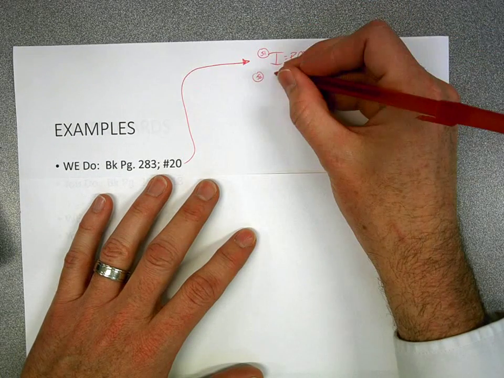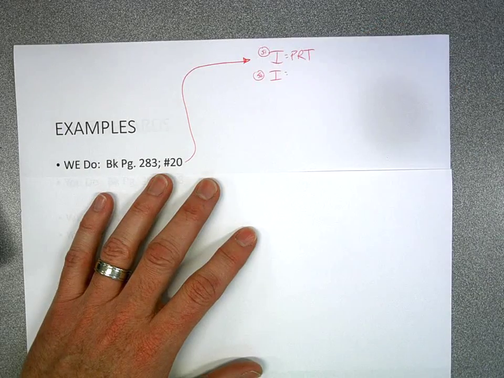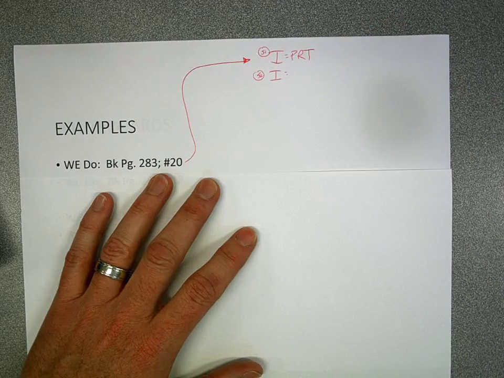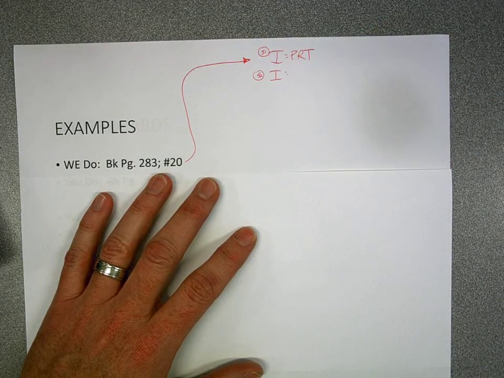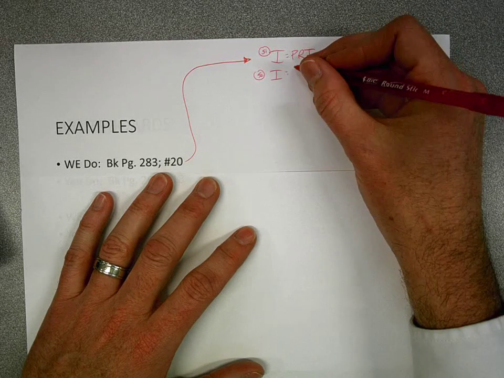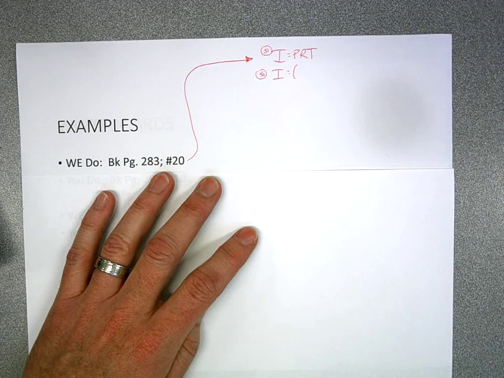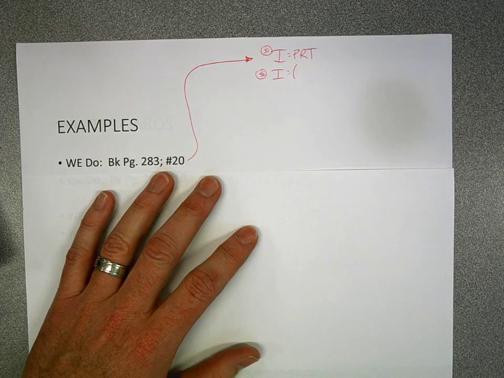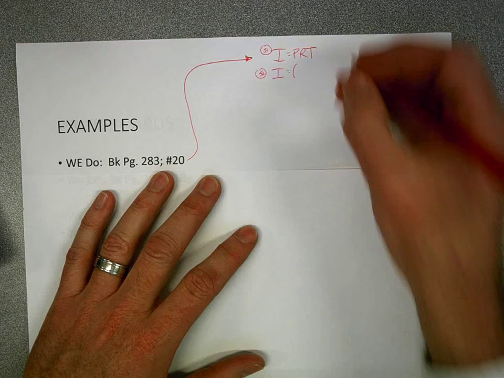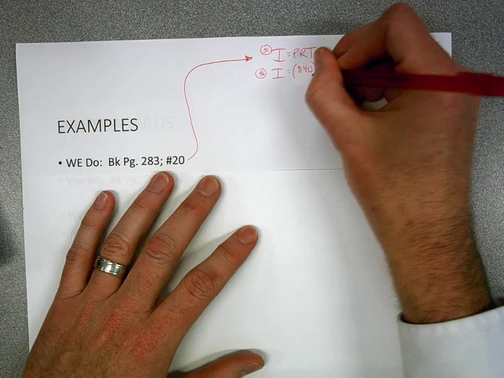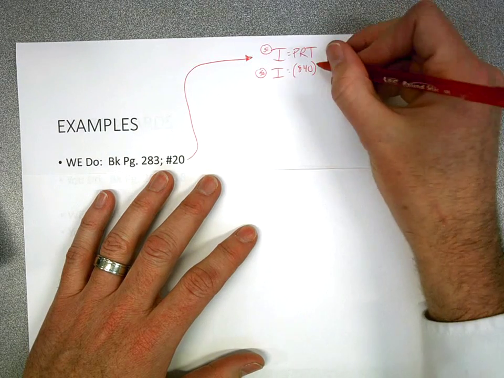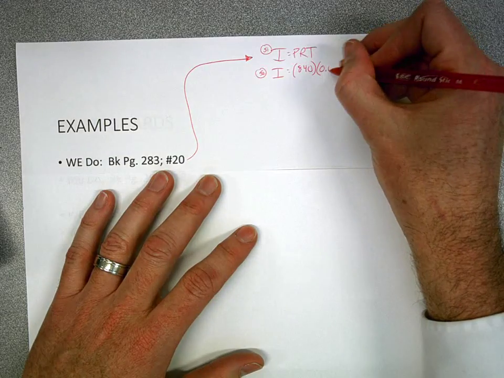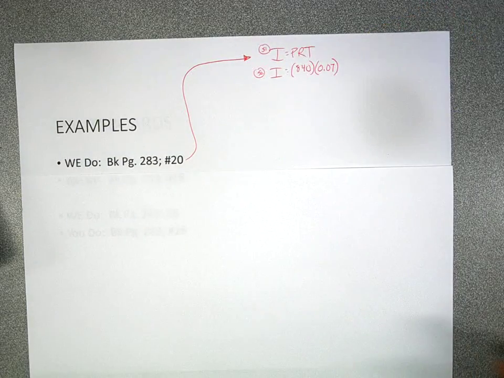Remember, this is the interest; we're finding out the interest, that's what they're asking, so I stays like that. The principal is the amount of money borrowed initially, and that was $840. The rate for this whole loan is 7%, which as a decimal is 0.07.